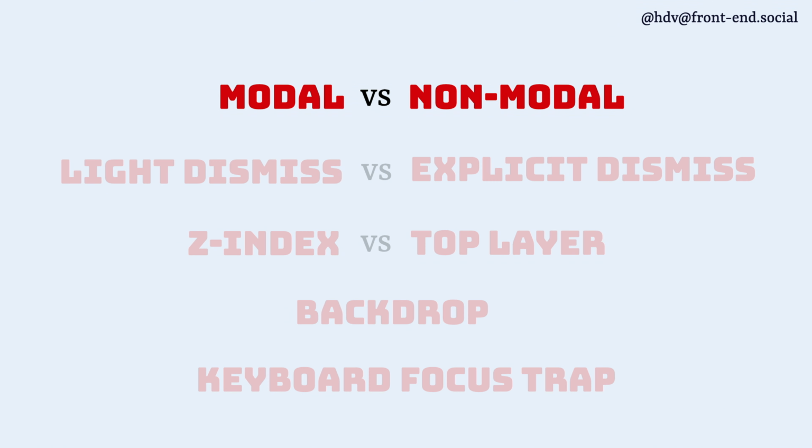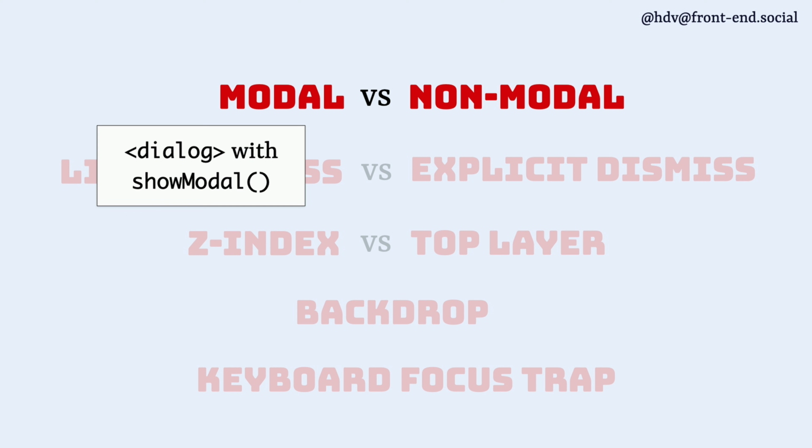Now let me show you how these web standards actually work together with these angles. You can make something modal by using a dialog with that showModal method that I showed earlier. That is actually the only way that on the web platform you can make something modal and get that for free from the browser.